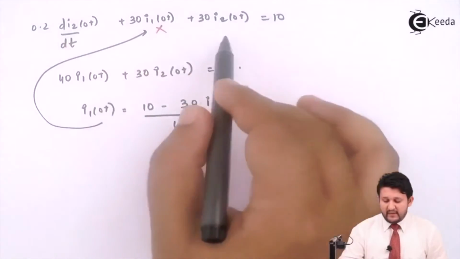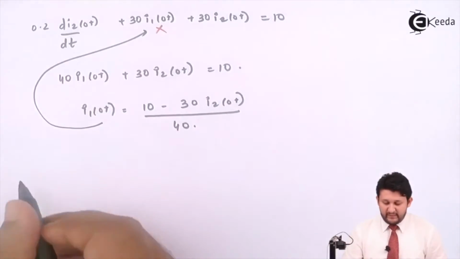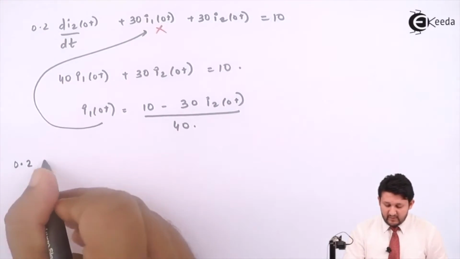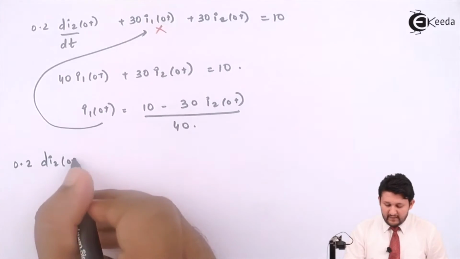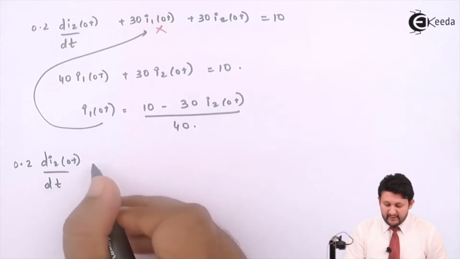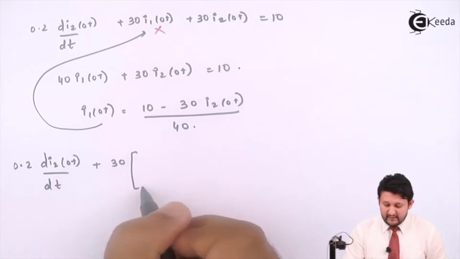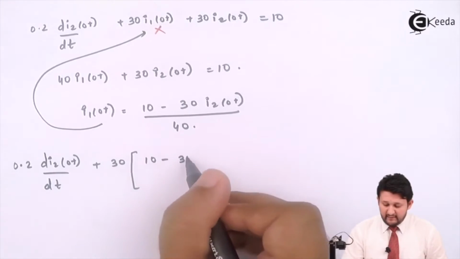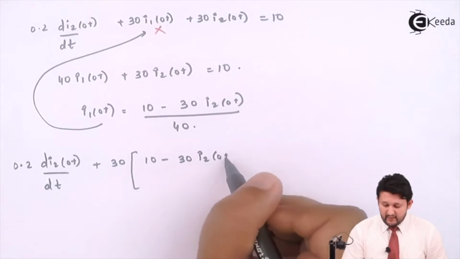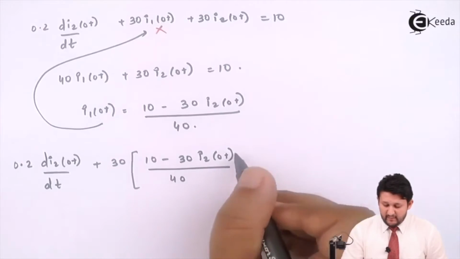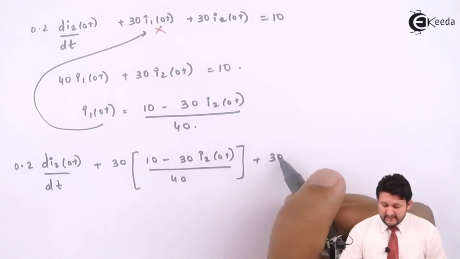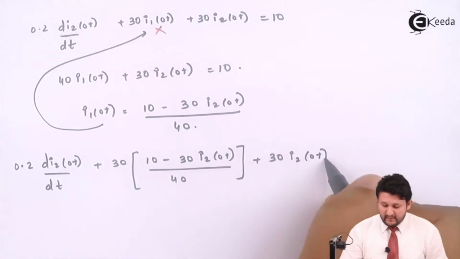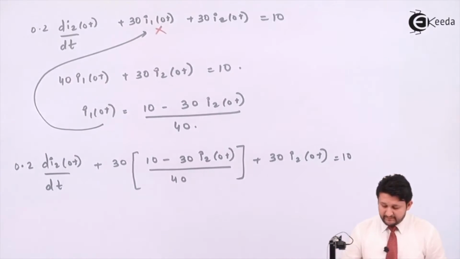So you'll get the whole equation in terms of I2. So it will be 0.2 di2 upon dt plus 30 times (10 minus 30 I2) upon 40 plus 30 I2 equal to 10.